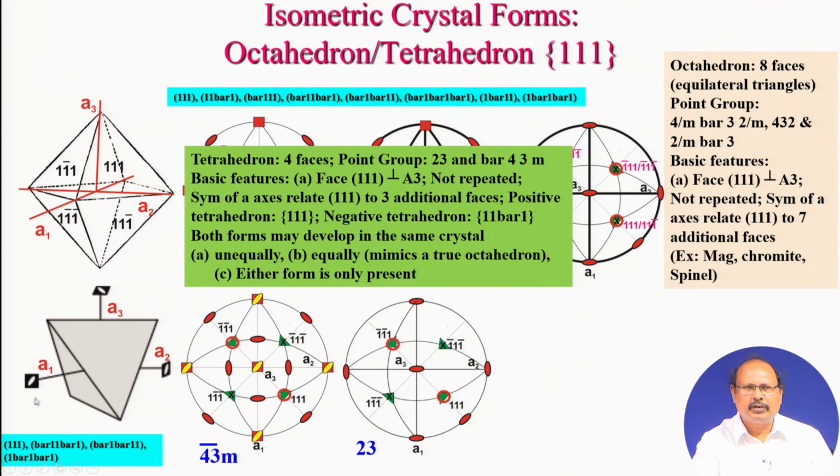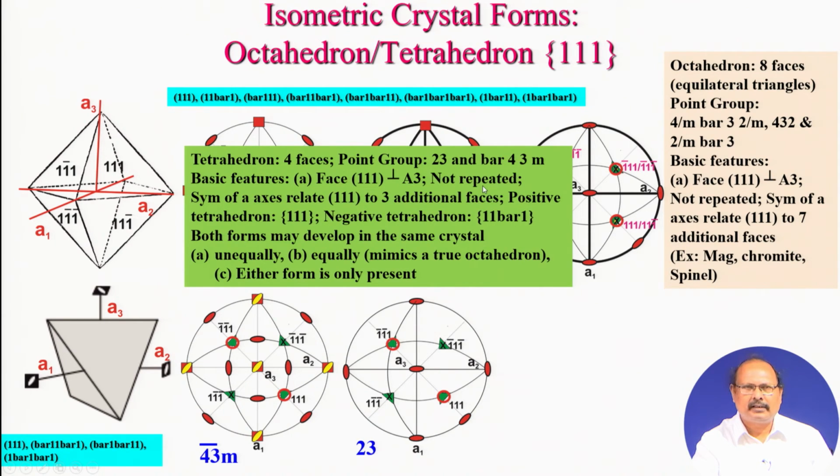This is the position of your bar 4 axis, that is your A1, this is another horizontal bar 4 axis, this is A2, and this is your vertical bar 4 axis, this is your A3. And this 4 faced form, which we call a tetrahedron, is seen in the point groups of symmetry 2 3 and bar 4 3 m.